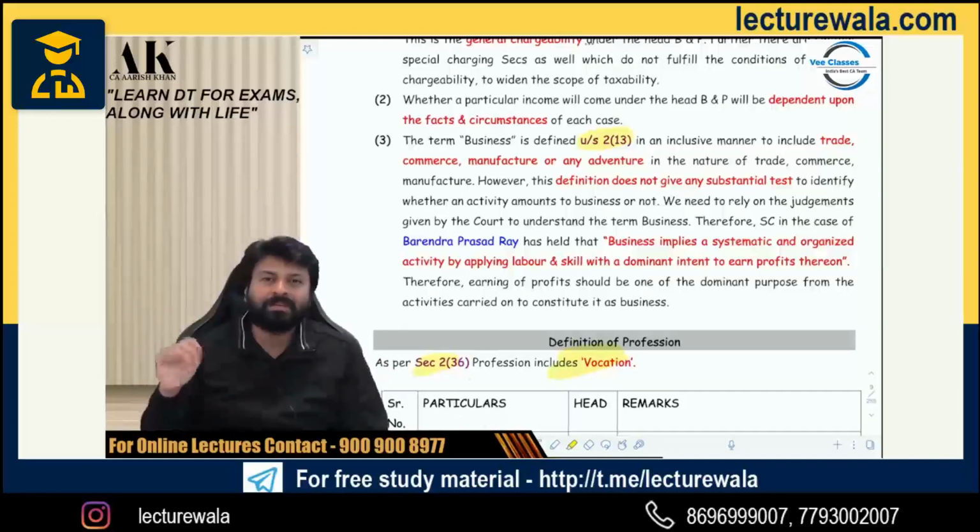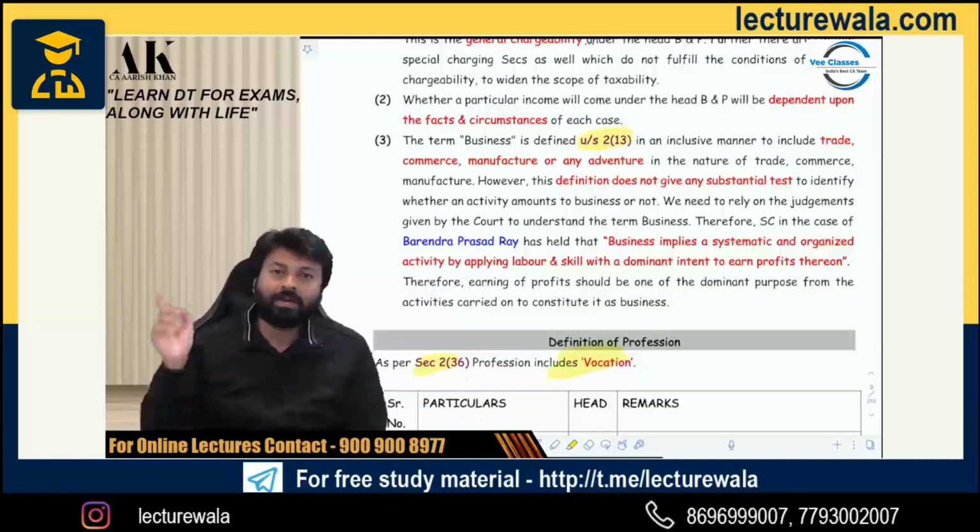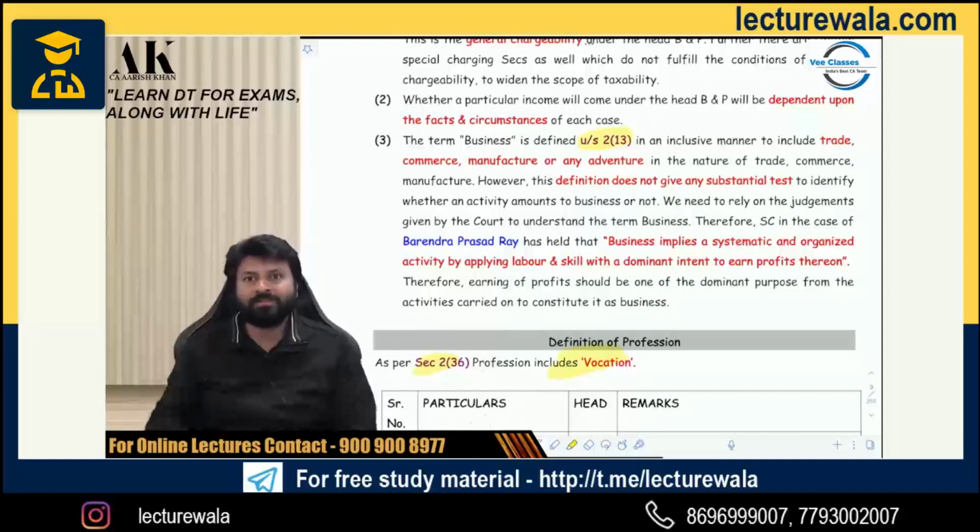Amitabh Bachchan, Rajinikanth, do they have any certificate of acting? No, they have skill. Virat Kohli, Sachin Tendulkar, do they have any certificate of playing cricket? No, but they have skill. Skill is important. So any occupation requiring some skill can be called a vocation. And if it can be called a vocation, it can be called a profession, because profession includes vocation.